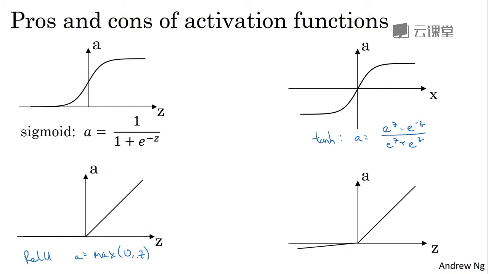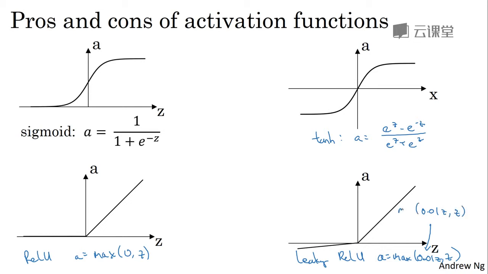And maybe feel free also to try the leaky ReLU, where a is the max of 0.01z, comma z, right? So a is the max of 0.01 times z and z. So that gives you this bend in the function. And you might say, why is that constant 0.01?